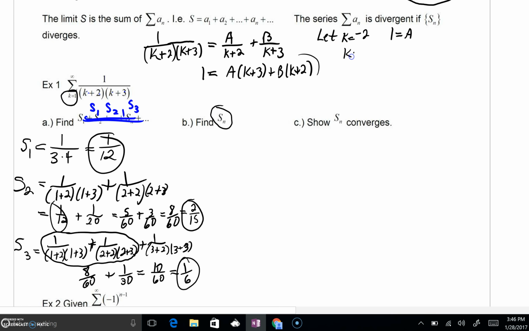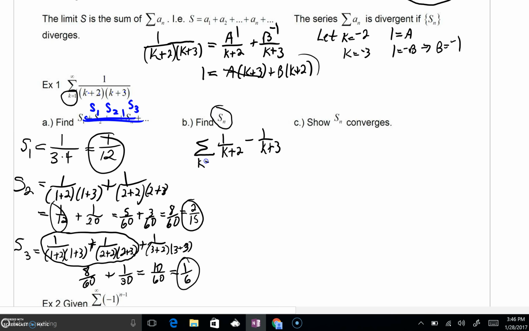Let's let K equal -3. If we did that, the A term would just completely cross out. You'd have 1 equal to -B, indicating that B would equal -1. So B is -1, A is 1. In other words, here's a sigma, and I've got 1 over K plus 2 minus 1 over K plus 3.